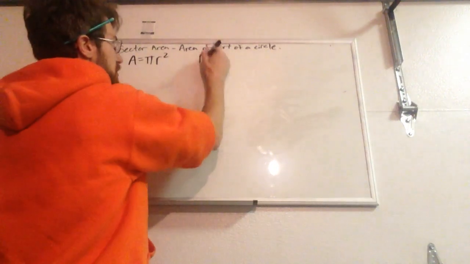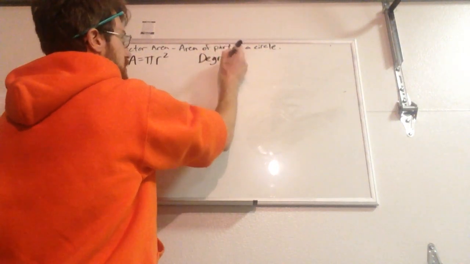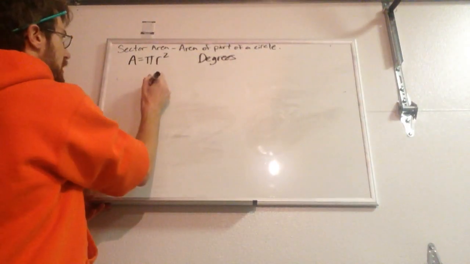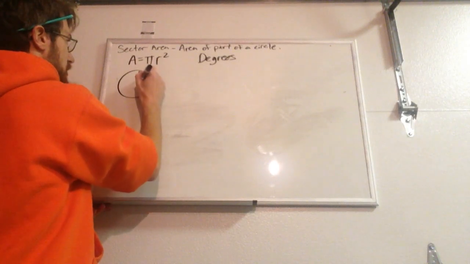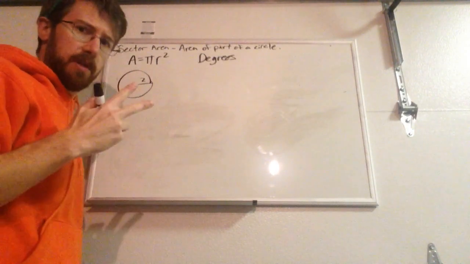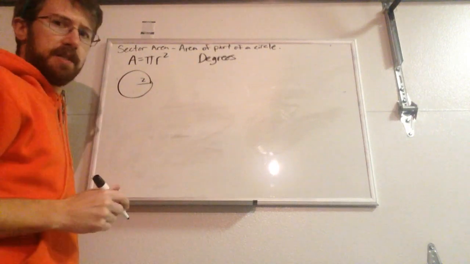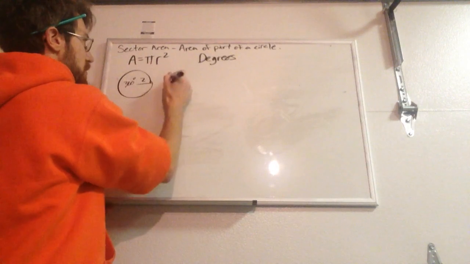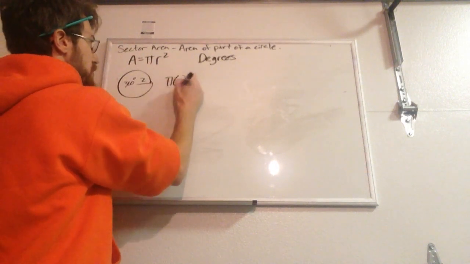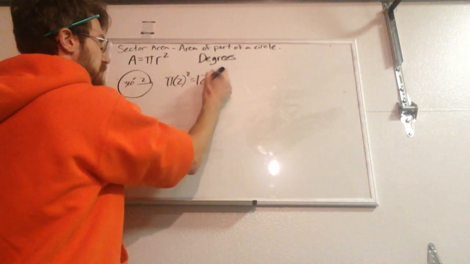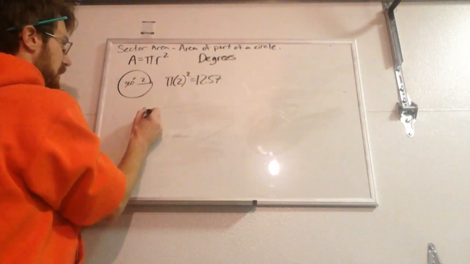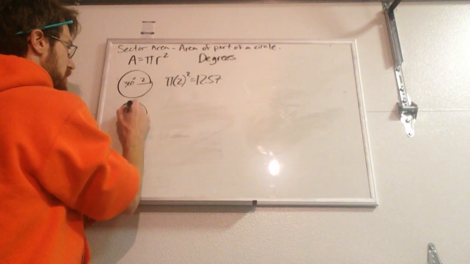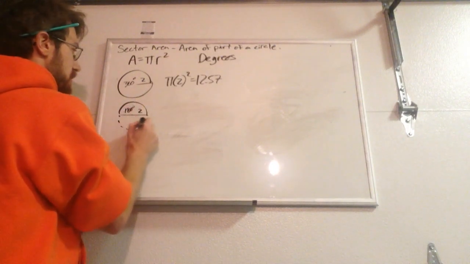So again, first we're talking degrees. We've got two versions, degrees and radians, and we're going to tackle degrees first. We're going to change things up and make the radius 2 this time. So 360 degrees for my sector is the whole circle, so we go pi times 2 squared, which is about 12.57. Then a half circle, still with a radius of 2, is 180 degrees.